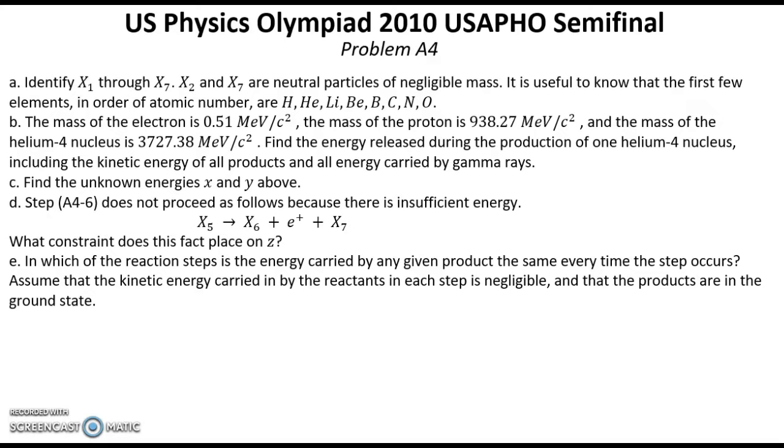Find the energy released during the production of one helium-4 nucleus, including the kinetic energy of all products and all energy carried by gamma rays.